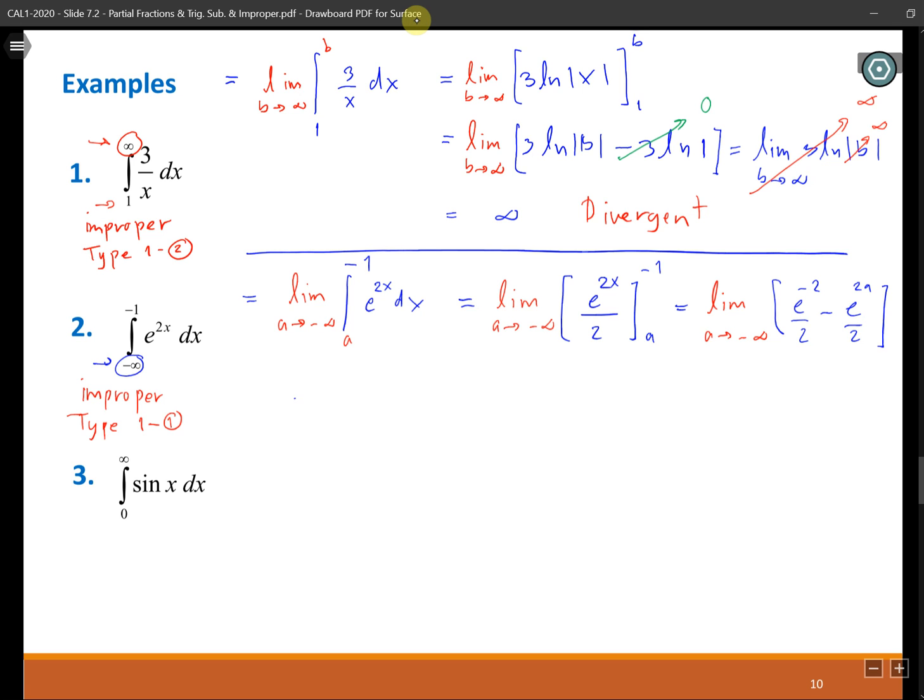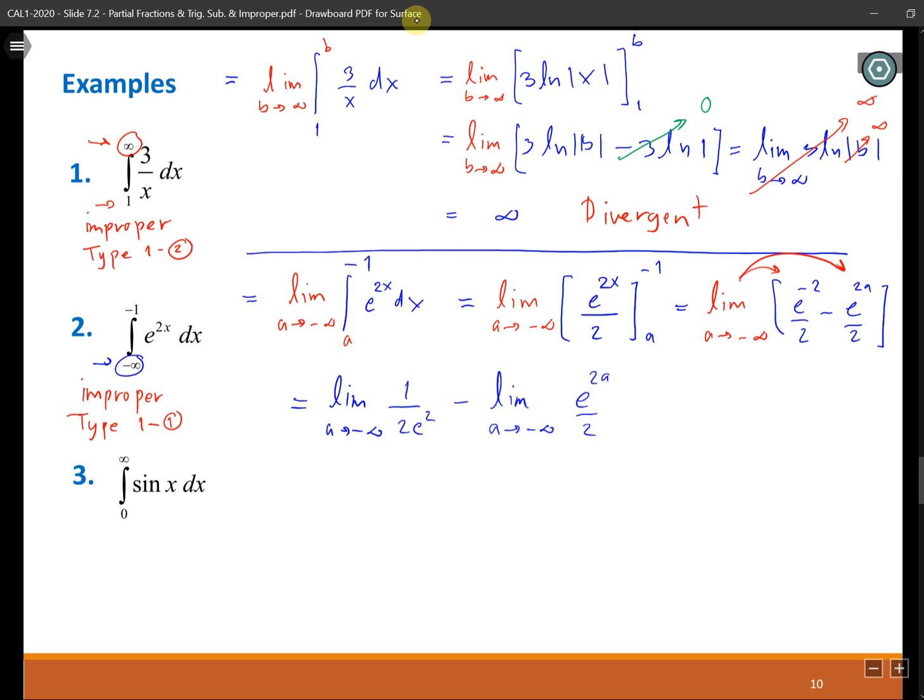So this equals the limit as a approaches minus infinity of, for the first one, I'm going to move e to the power of minus 2 down to be a fraction, so this becomes 1 over 2e to the power of 2, minus the limit as a goes to minus infinity of e to the power of 2a over 2. So what I did here was distribute this limit to each of these terms.